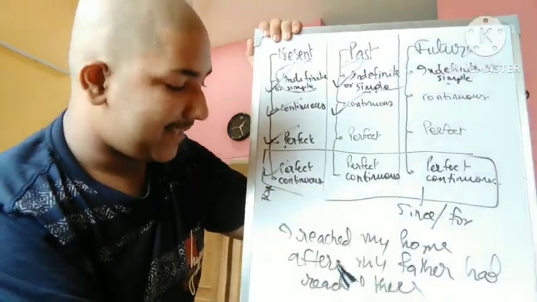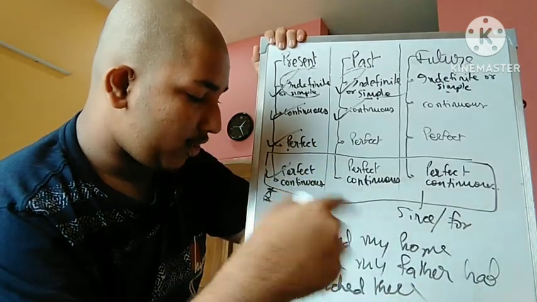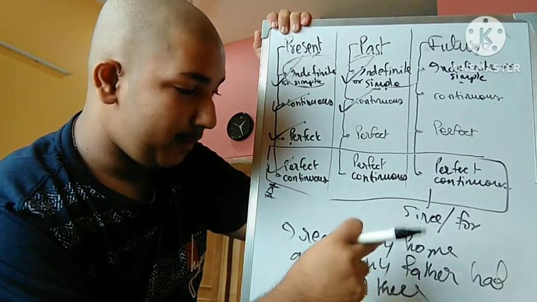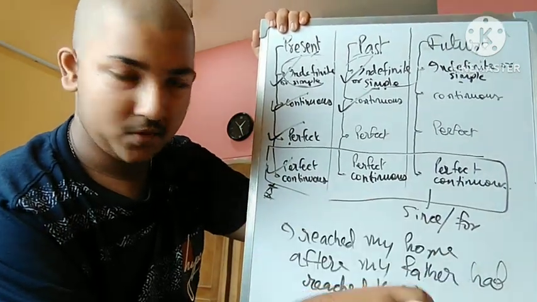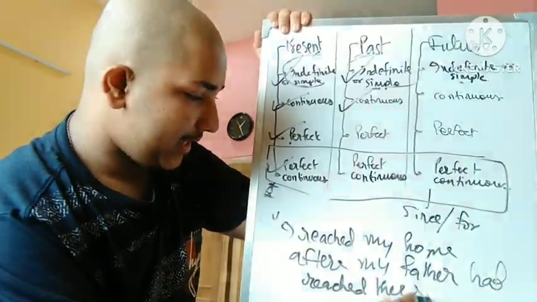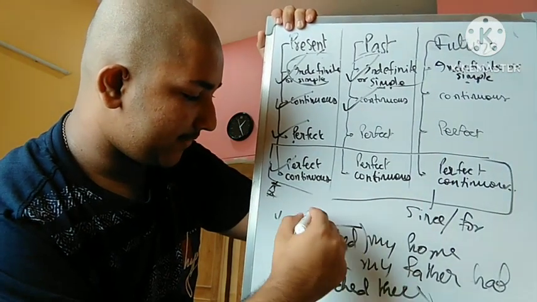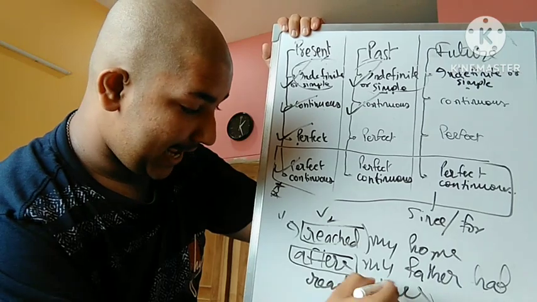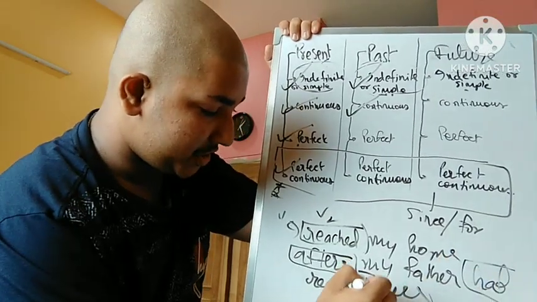This sentence means that my father had already reached there, but I reached home after my father had reached there. Here also reached is V2, the word after is there, a very important word, and had reached.